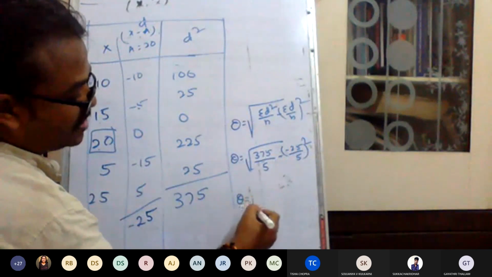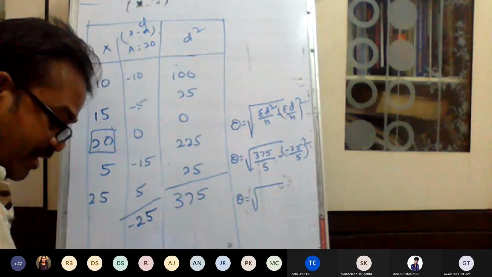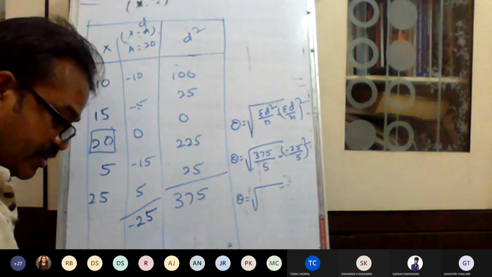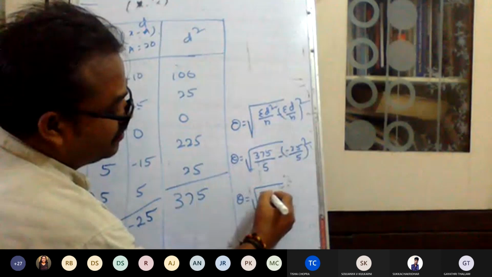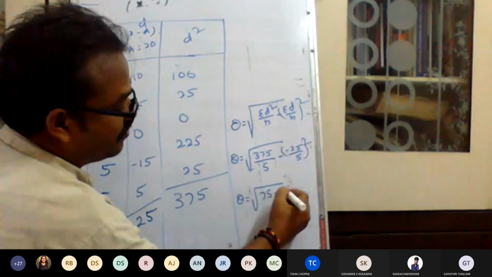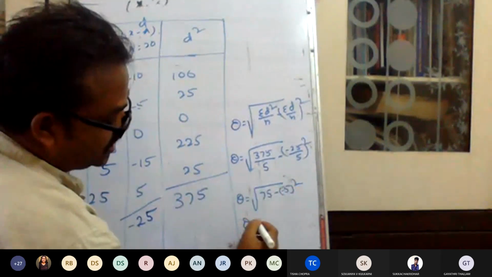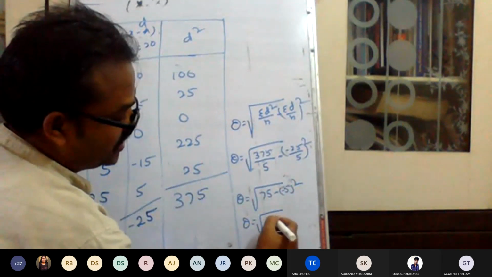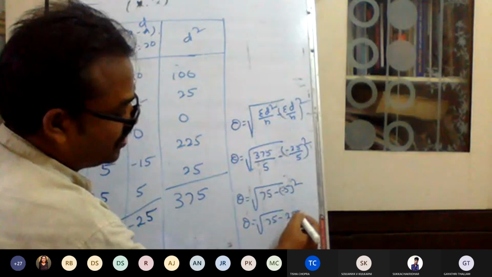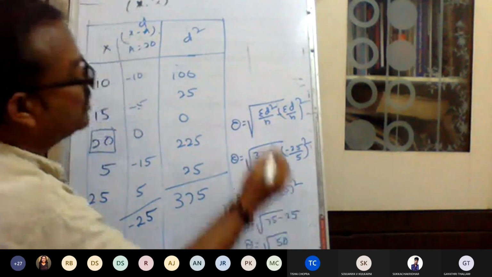So standard deviation is equal to 375 divided by 5, which is 75, minus 25 divided by 5, minus 5 whole square. So standard deviation is equal to 75 minus 25. So standard deviation is equal to root of 50.